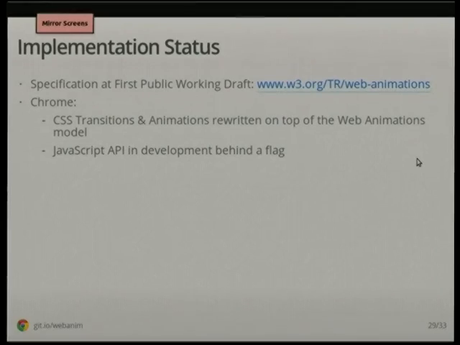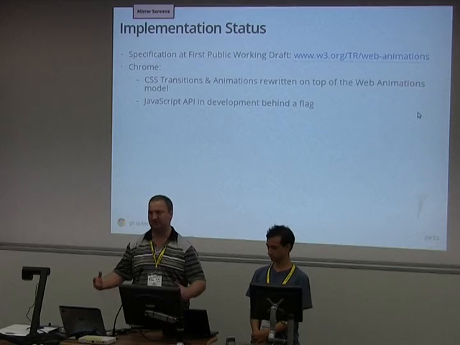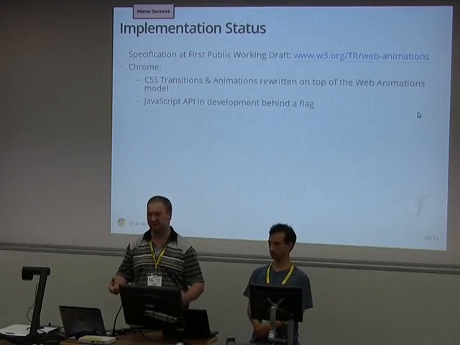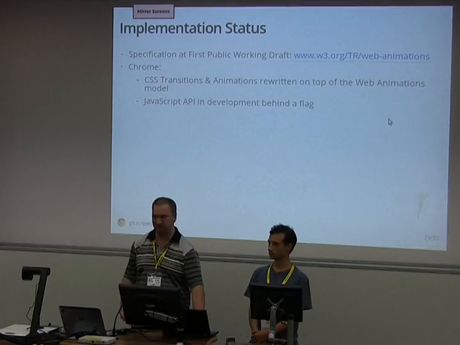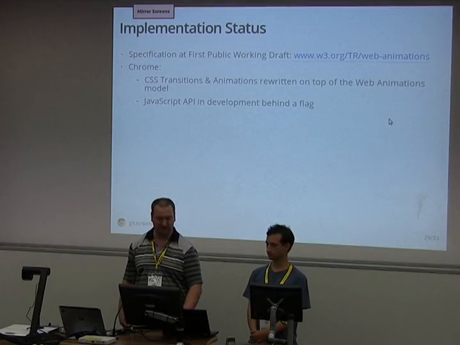And this is basically seamless for end users, so they won't have noticed, but instead of having a separate animation engine for CSS transitions and a separate animation engine for CSS animations, we've retired those and just implemented one animation engine that can support both. And we're planning to extend that to support SVG as well, and then we'll be able to retire the SVG animation engine as well.